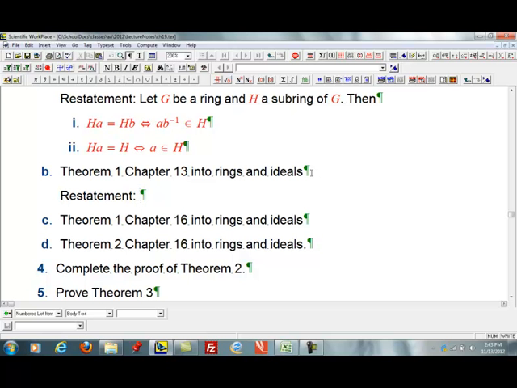So let's go find chapter 13. As a ranges over G, but the cosets stay the cosets, right?